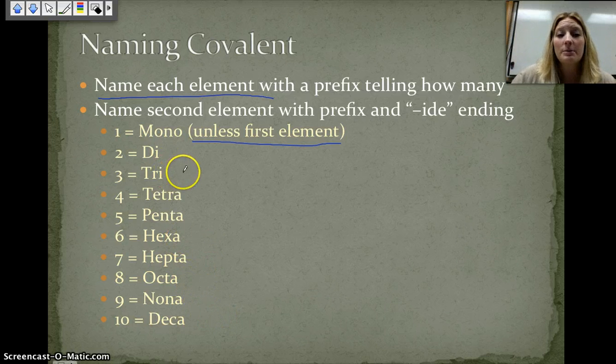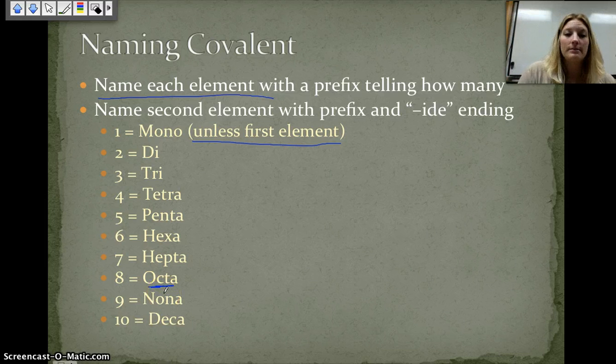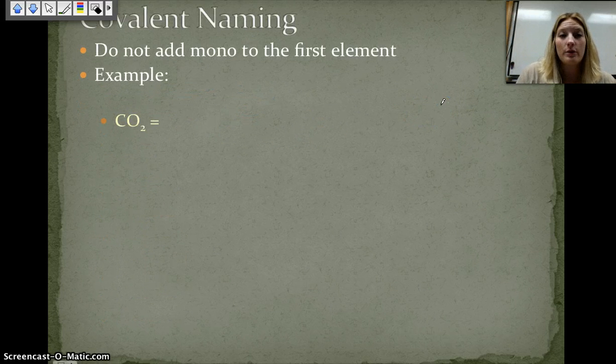You've probably heard a lot of these before, like a tricycle, or a pentagram, or an octopus, or an octet. 8 means oct. The second part here is to name the second element with the prefix and put in an "-ide" ending. So this is very similar to how we were naming the ionic compounds with the ide at the end. So let's try a few of those.